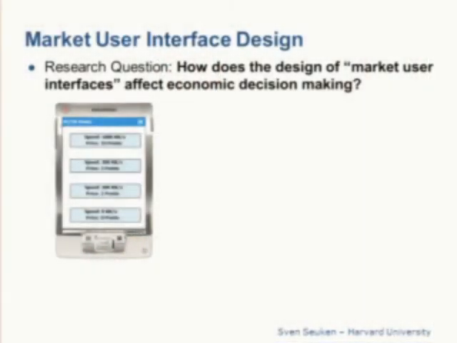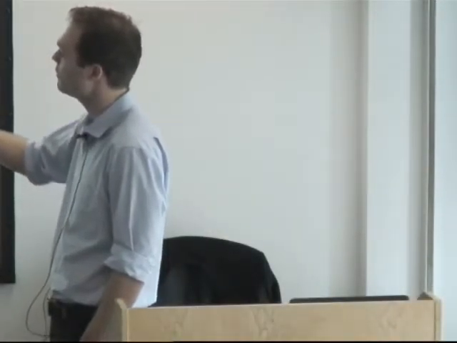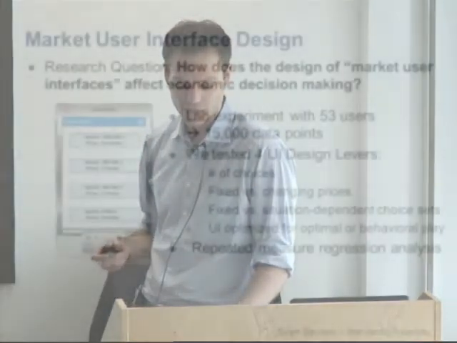So we studied this particular market of bandwidth allocation on a smartphone, and we did a lab experiment with 53 users, obtaining about 15,000 click data points, and we tested different ways that we can change this user interface. We evaluated what the impact of changes to the UI is on the market efficiency or market performance.